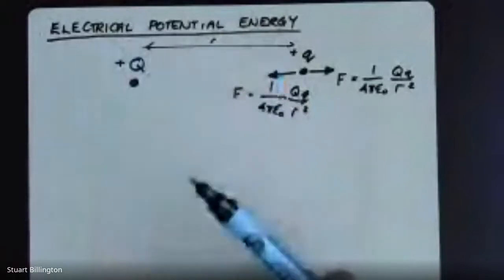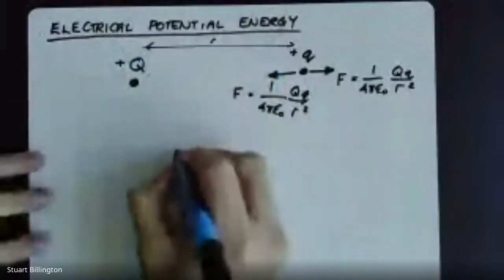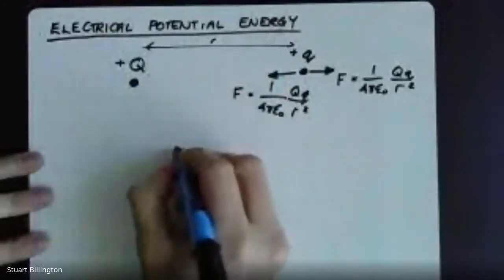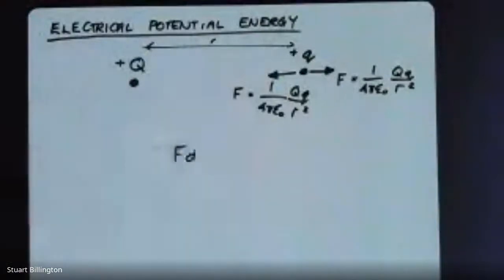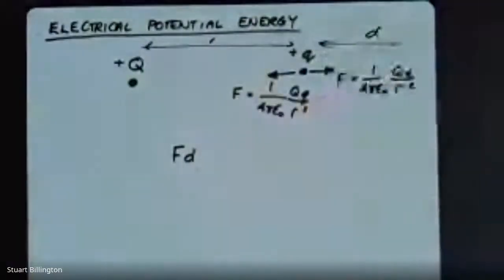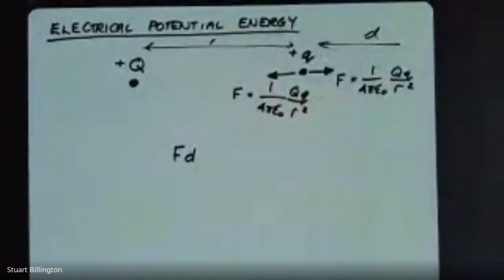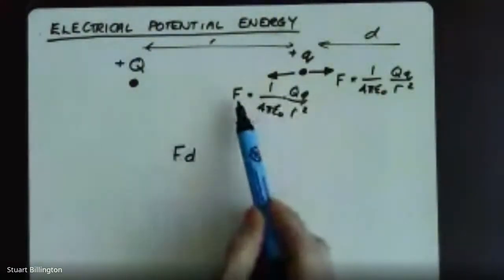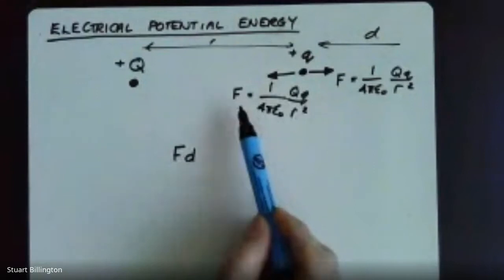Now, you might remember from when we did gravitational fields that what we really need to do is force times distance, where distance is however far it's come from wherever it was. The problem with that is that the force itself is distance dependent.